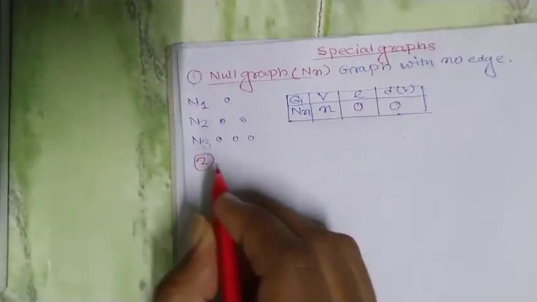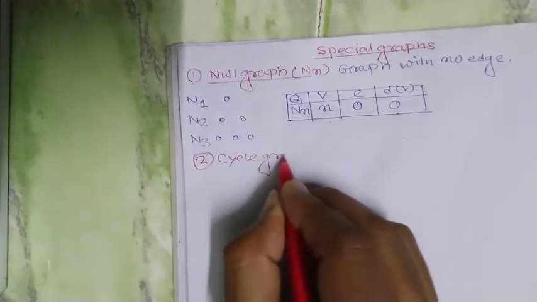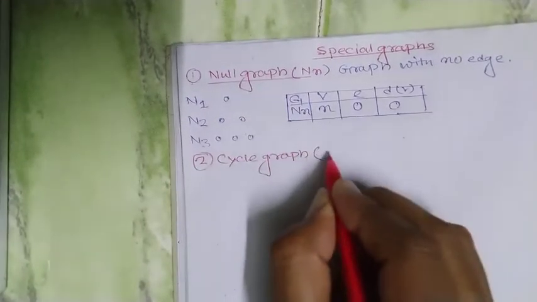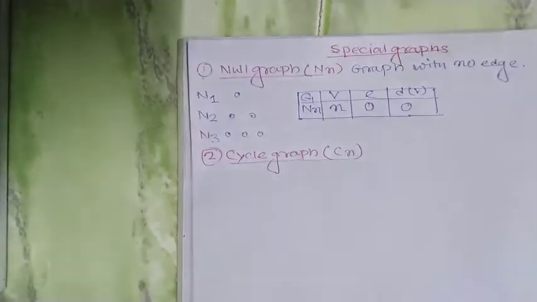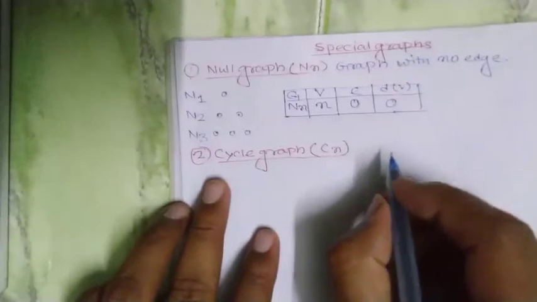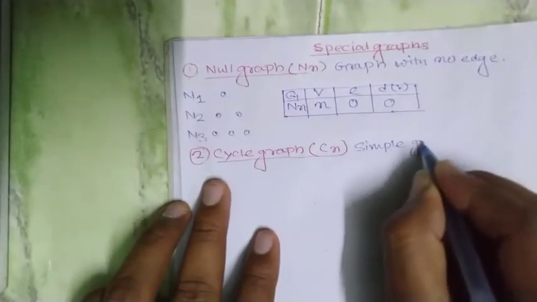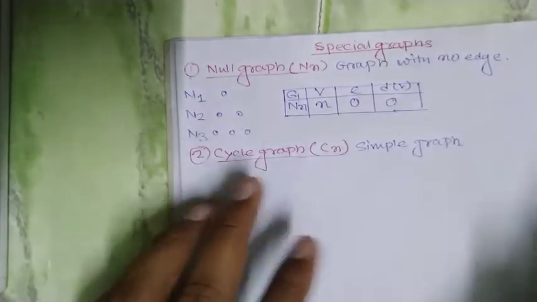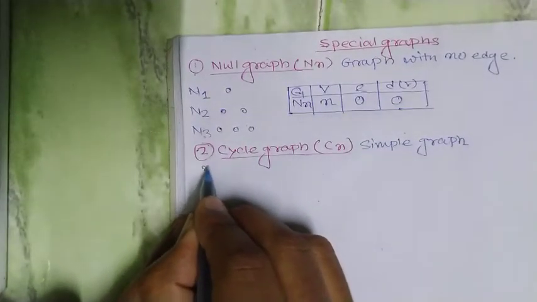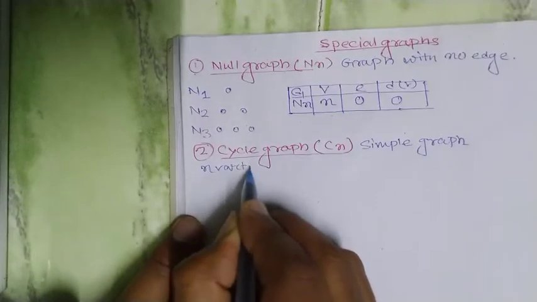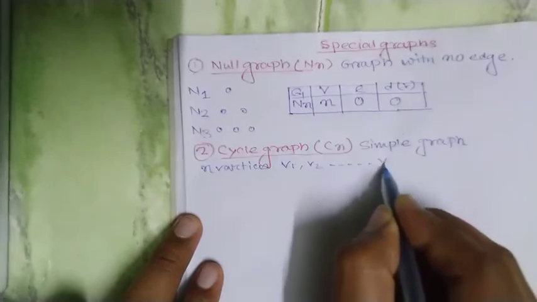Next we have the cycle graph. You can see it as Cn. So Cn, or cyclic graph, is a simple graph, meaning no self loop, no multi edges, and we can say that there are n vertices like v1, v2, dot dot dot, vn.